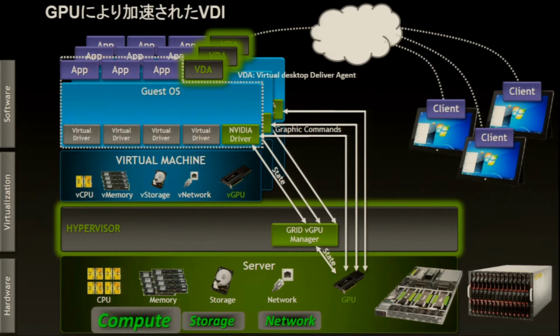Before we talk about that solution, let's go back a little to the VDI infrastructure. This picture shows what the VDI infrastructure looks like. The GPU is just right here, and it plays only a small role in the entire VDI application.